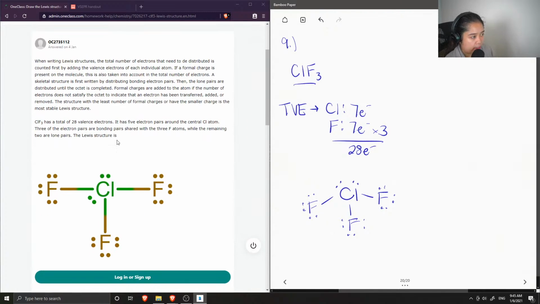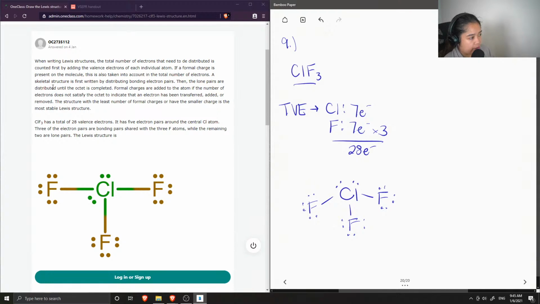The junior tutor said that when writing Lewis structures, the total number of electrons that need to be distributed is counted first by adding the valence electrons of each individual atom. If a formal charge is present on the molecule, this is also taken into account in the total number of electrons.